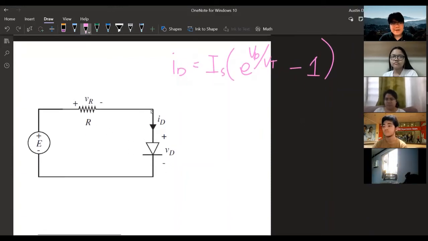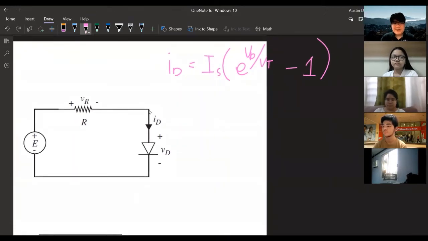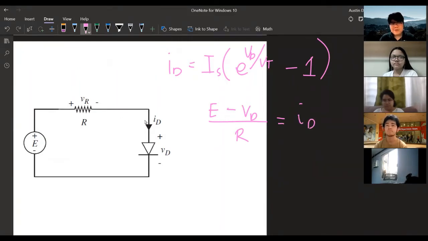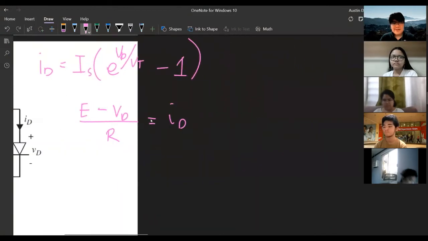Let's try to solve the circuit. Dito tayo mag-KCL with our node analysis. So, that is E minus VD over R must be equal to ID. Okay? Yung coming in equal to going out. Now, I just plug in ID here.